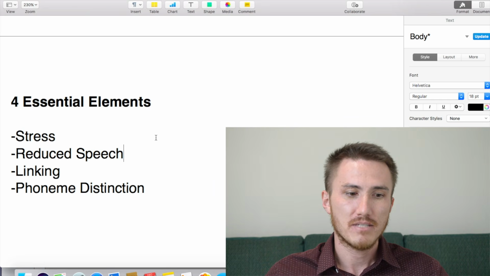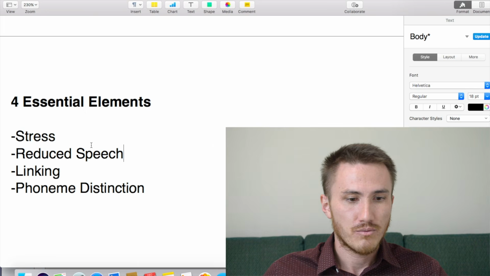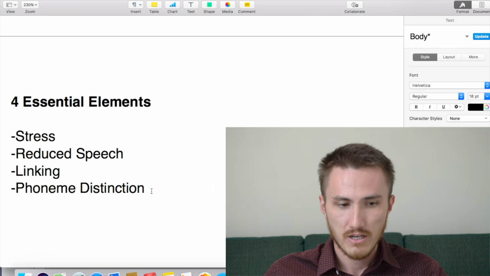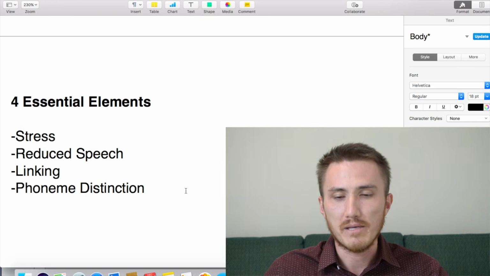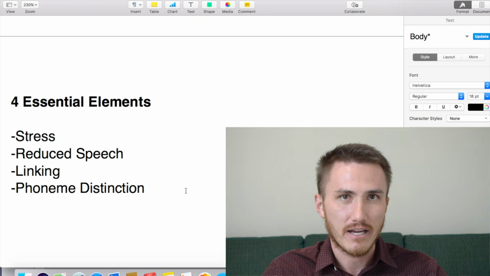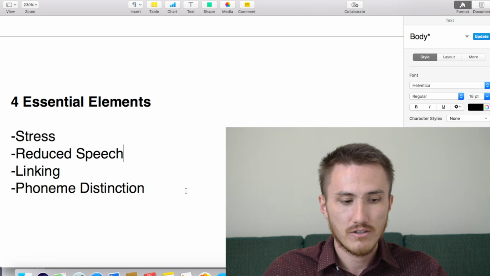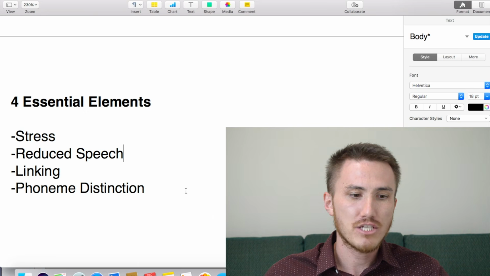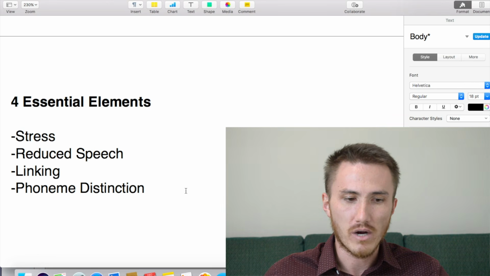These elements are stress, reduced speech, linking, and phoneme distinction. So in every seminar, we practice identifying different patterns regarding these 4 elements, okay? Let me show you an example of each one, all right?